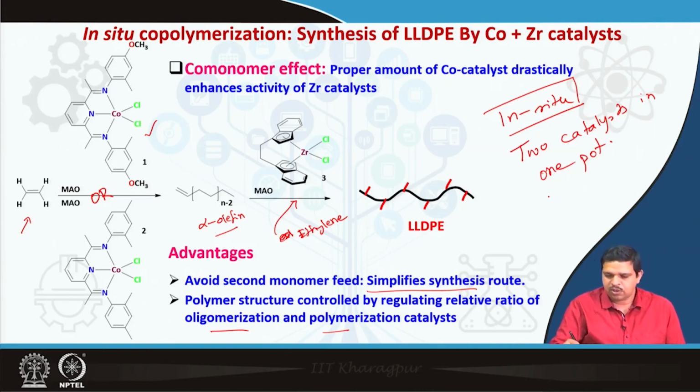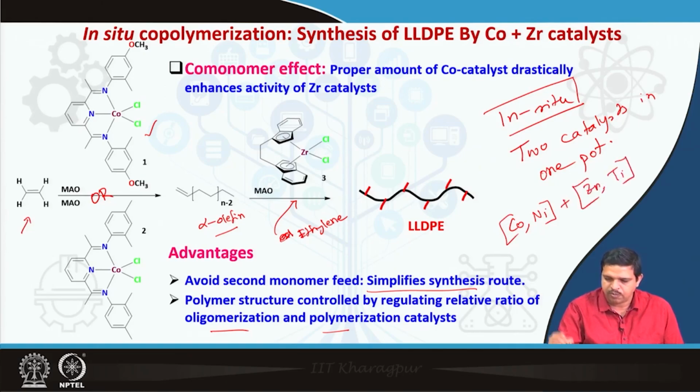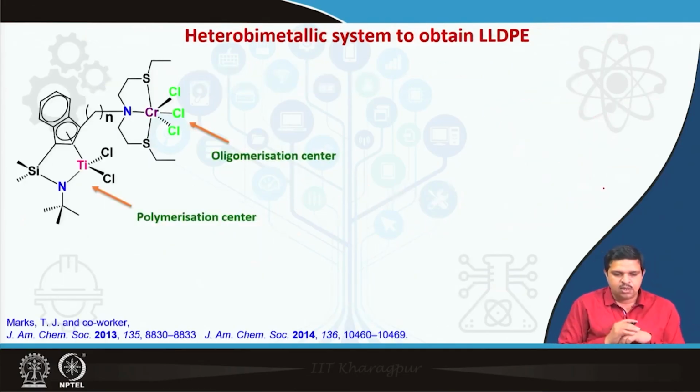You can use the cobalt or nickel for oligomerization and the zirconium or titanium based catalyst for polymerization, both in combination in situ. Again this is an in situ tandem approach, but using a single molecule with a heterobimetallic center.